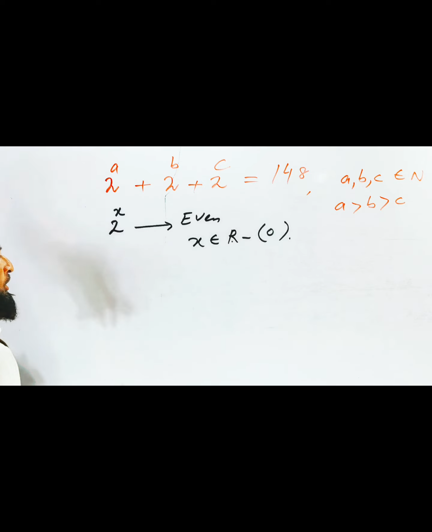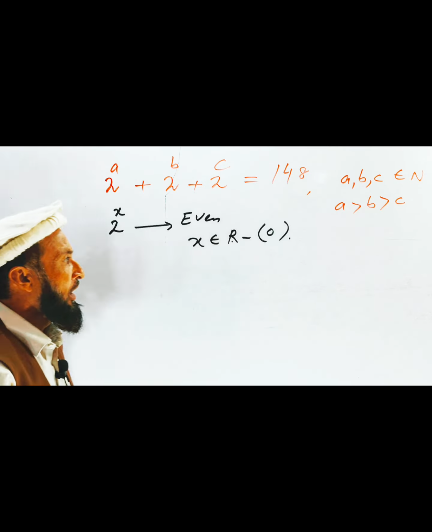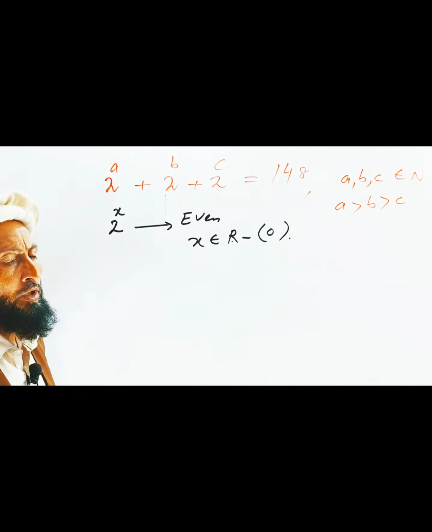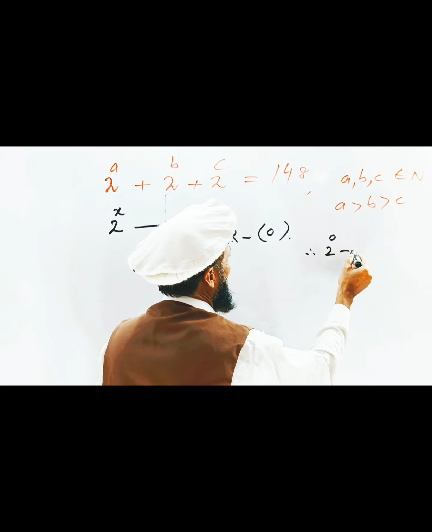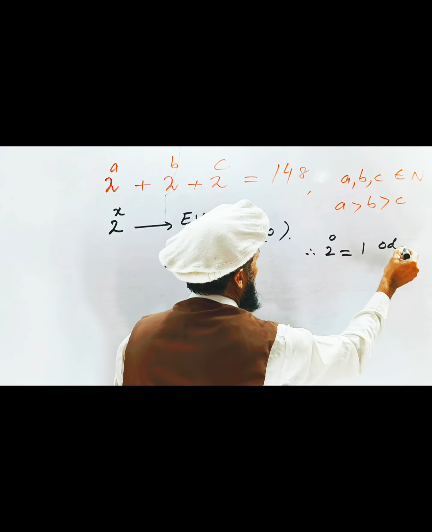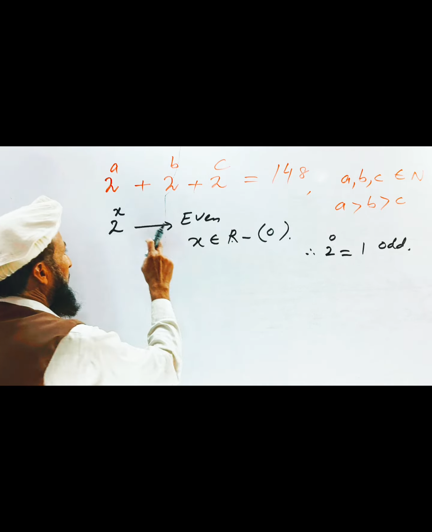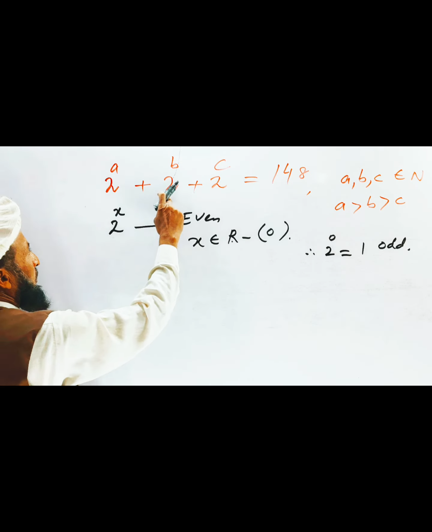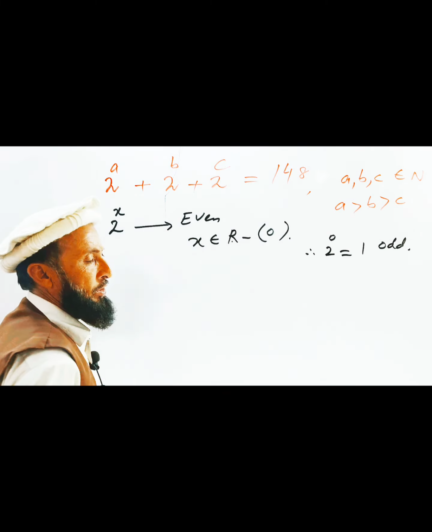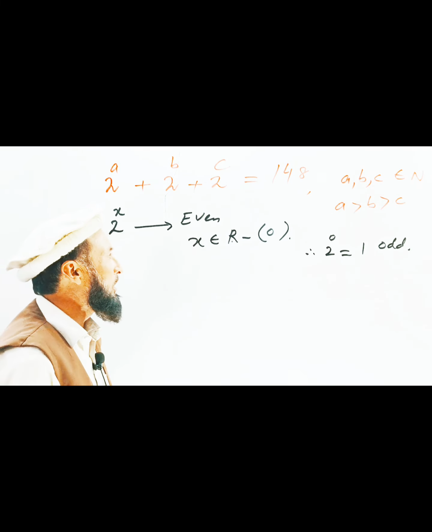If we put in 2 exponent of 0, we get 1, which is an odd number, but 2 exponent of x is an even number. Similarly 2 exponent of a, 2 exponent of b and 2 exponent of c are even numbers.